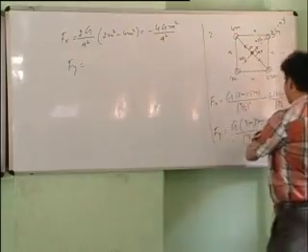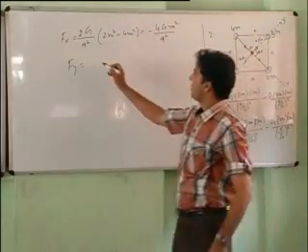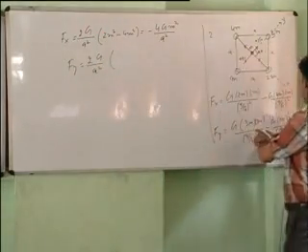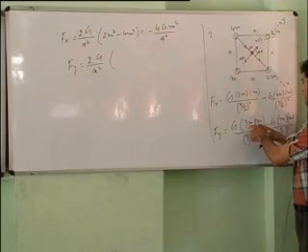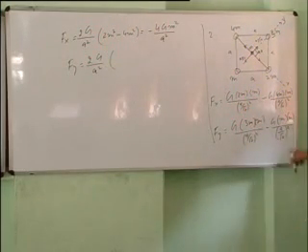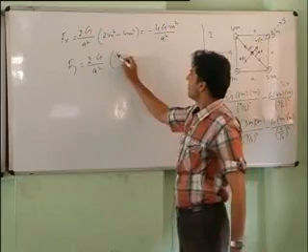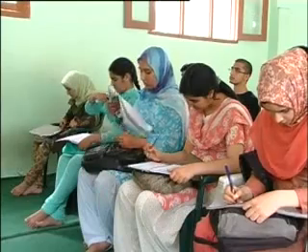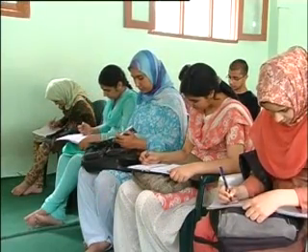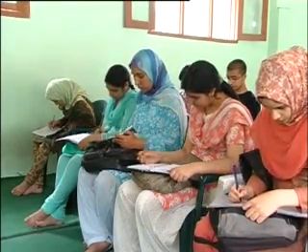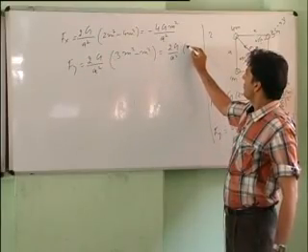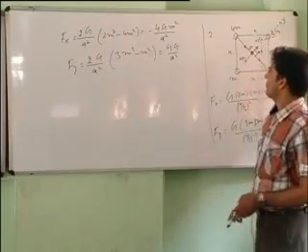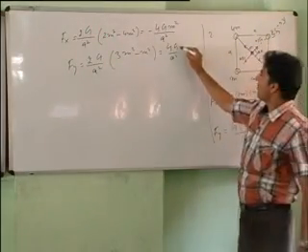Fy is equal to 2G by a square, again 2G by a square. Inside it is 3m square minus m square, so it is 2G by a square into 2m square, that's again 4G by a square into m square, of course.